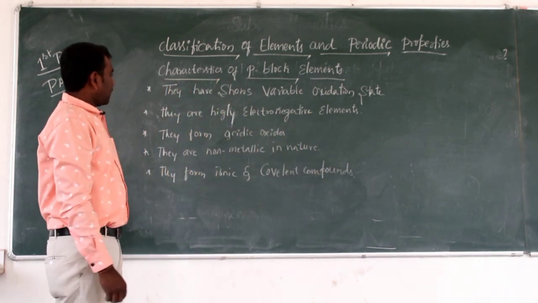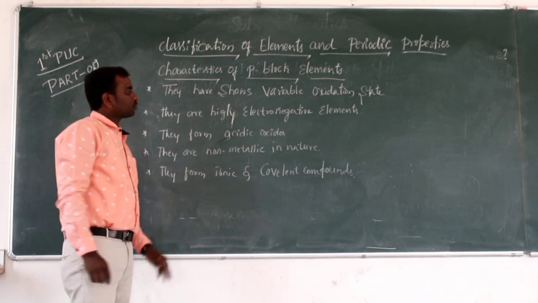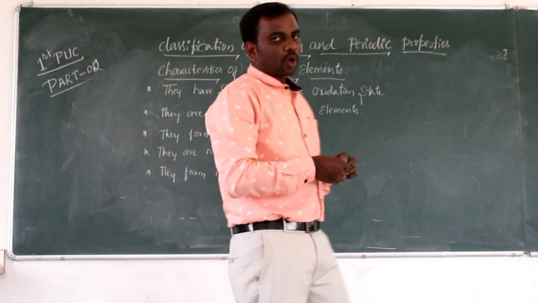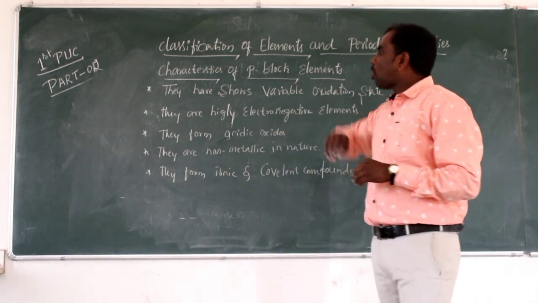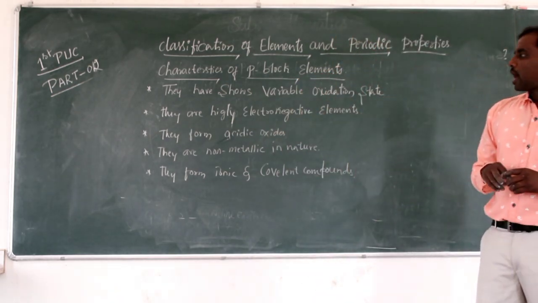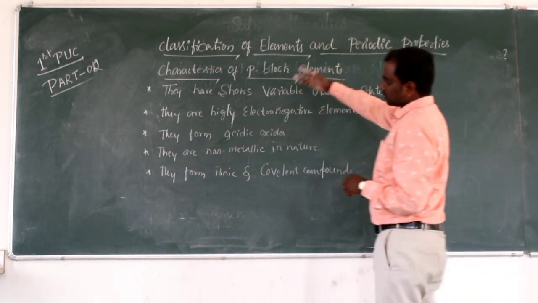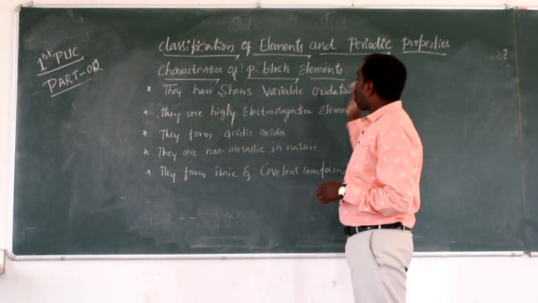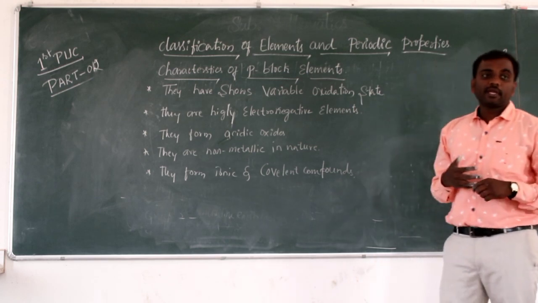Okay. See, these are some important characteristics of p block elements. Right? See, first characteristic is they show variable oxidation state.